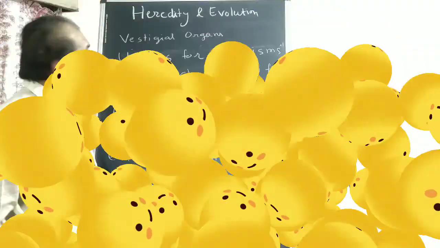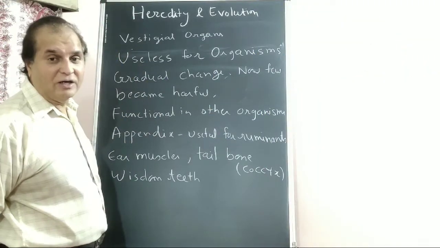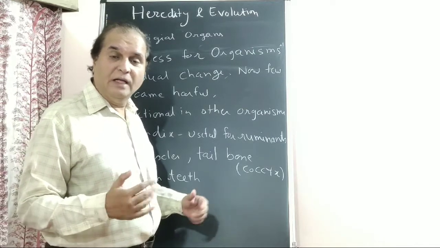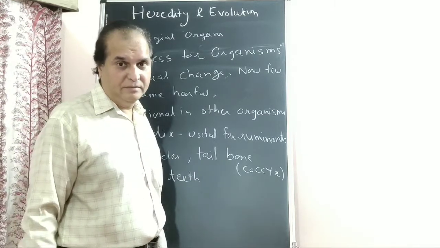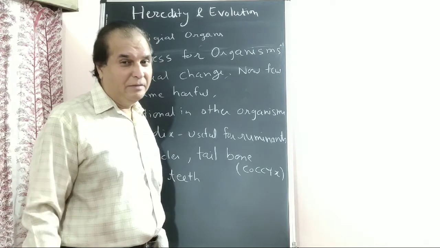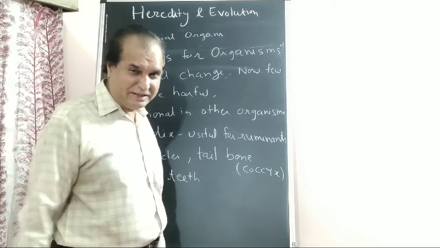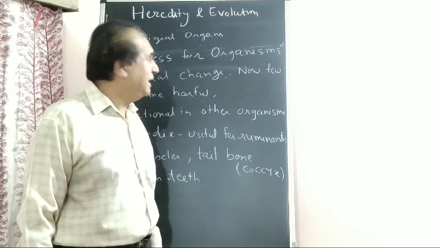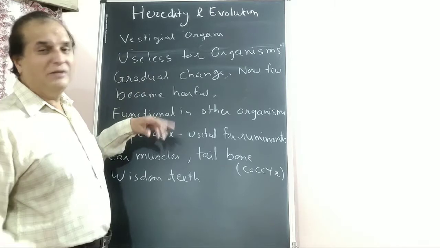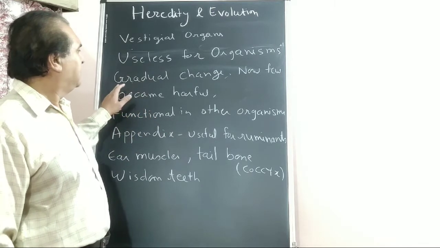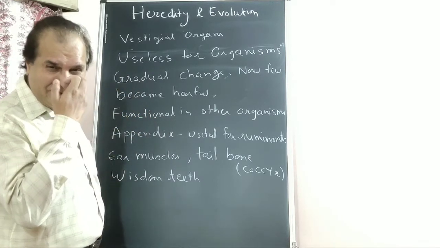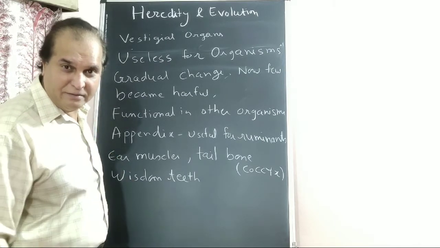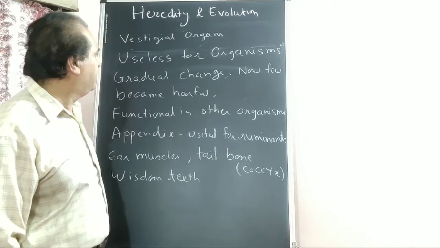Next proof, vestigial organs. See, some organs in our body have now become useless. We don't need them, but they were present once and we used them. Nowadays they are useless. And this was a gradual change. Everything was useful only before it was made.